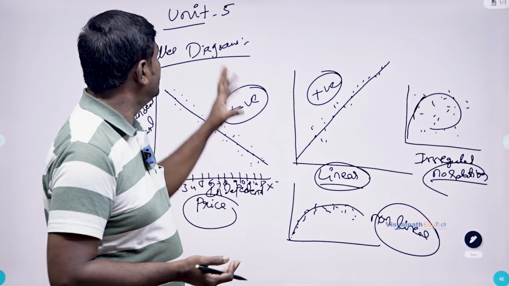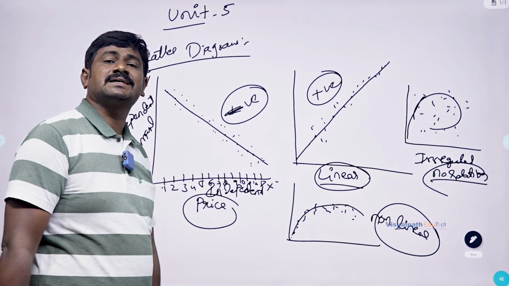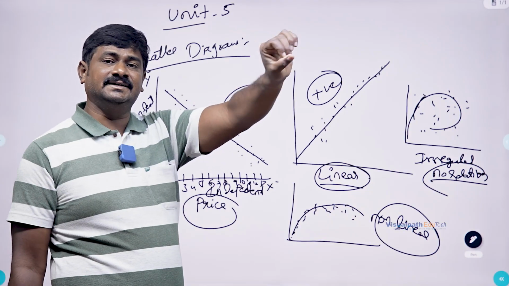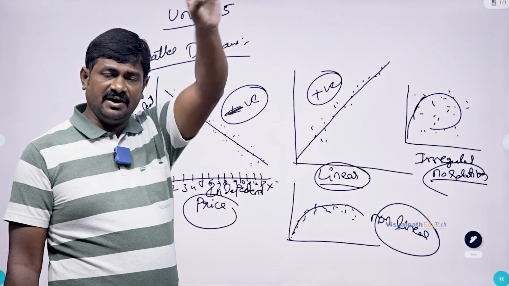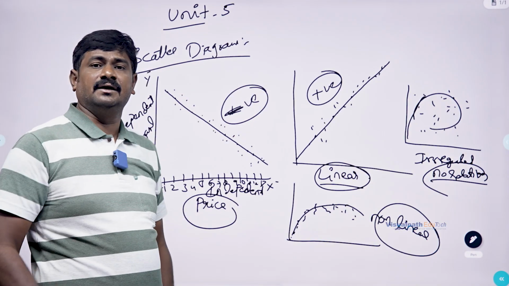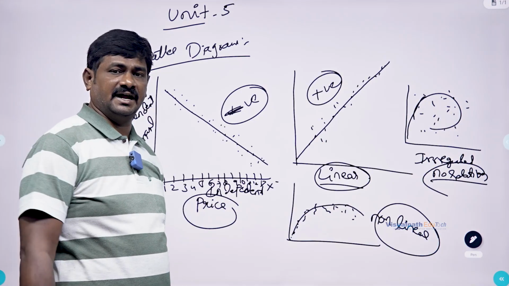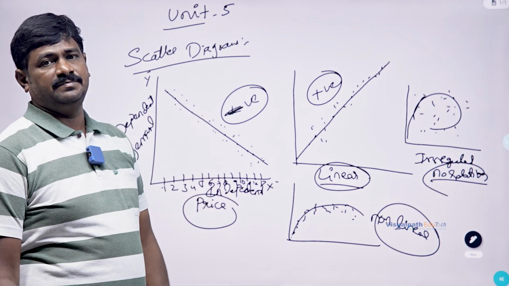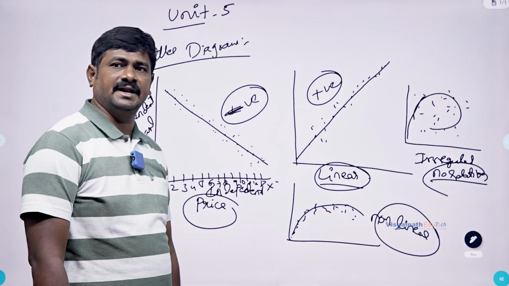This is the purpose of the scatter diagram. First we make the dots to see how the data is scattered on the graph, then by observing the graph we can identify the relationship between the variables. That is the scatter diagram method.